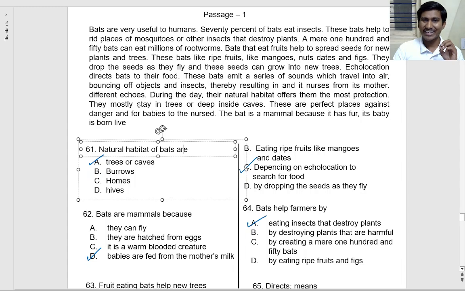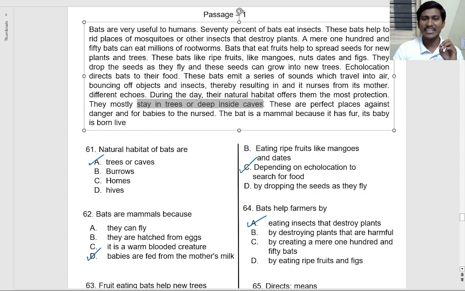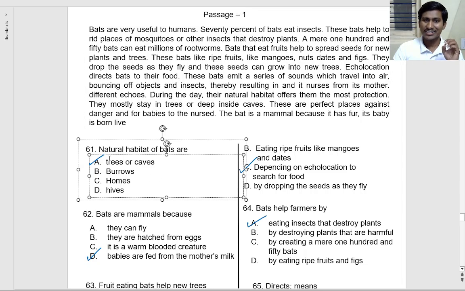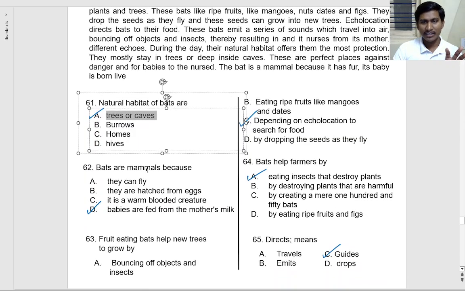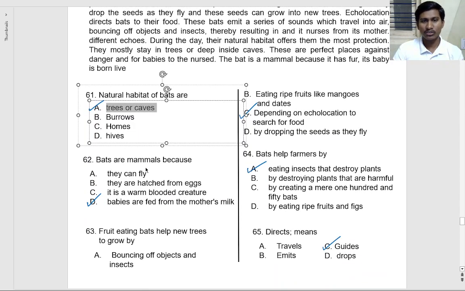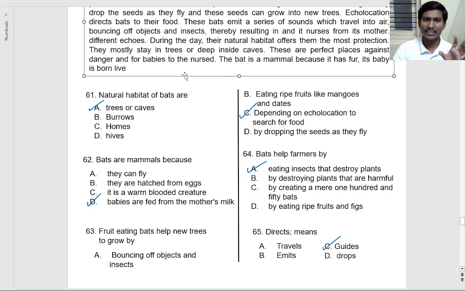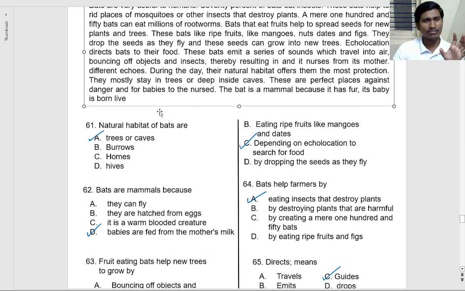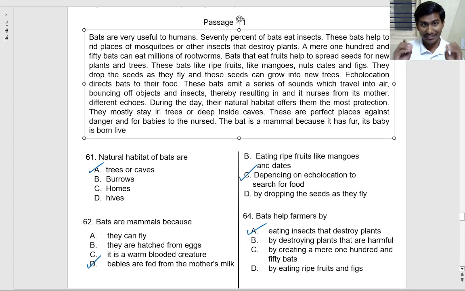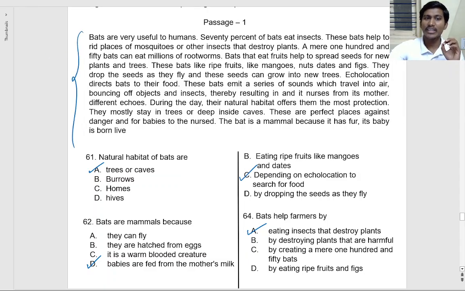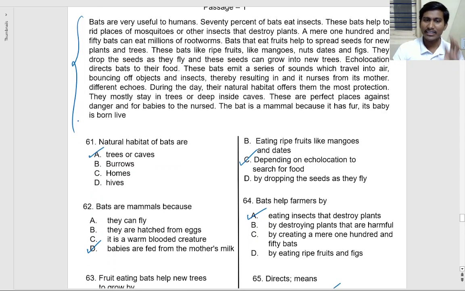They mostly stay, meaning their home, in trees and deep inside caves. So the option trees and caves will be the answer, option A. The answer is marked here. This is very easy, so there is not much to explain. You have to read and write it easily. These are very easy passages. Practice it. Without reading, it will be very difficult in the exam. As much as possible, read it and write it, okay?